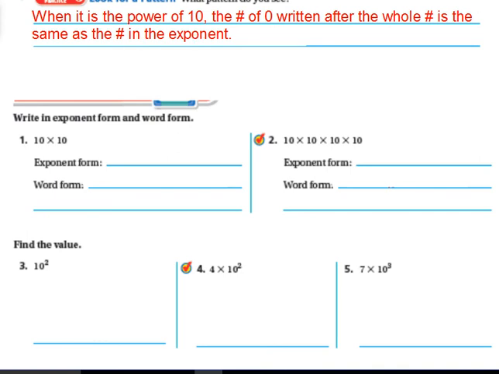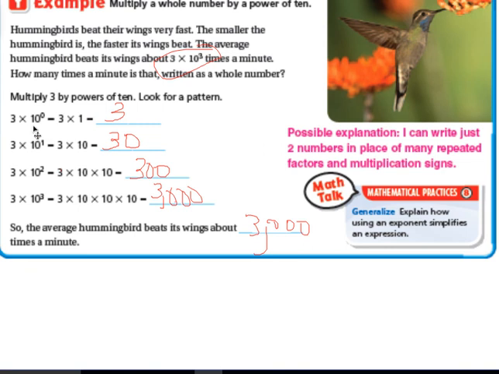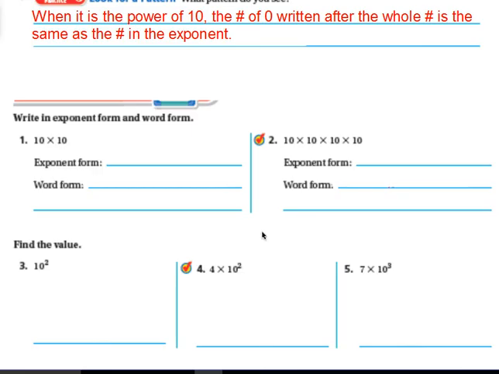So if I look back, here's my whole number, here's my base, no zeros. Here I have 1, I have 1 zero in my answer. But remember, it has to be with the base of 10. It worked every time.